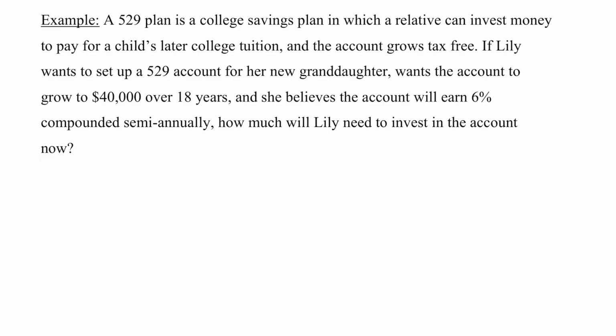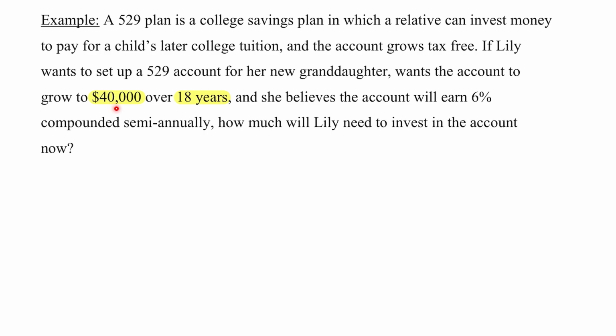Okay, so Lily wants to start the account for her new granddaughter. She wants to invest that for 18 years, and she wants to have $40,000 after 18 years. $40,000 is not the amount that she starts with.